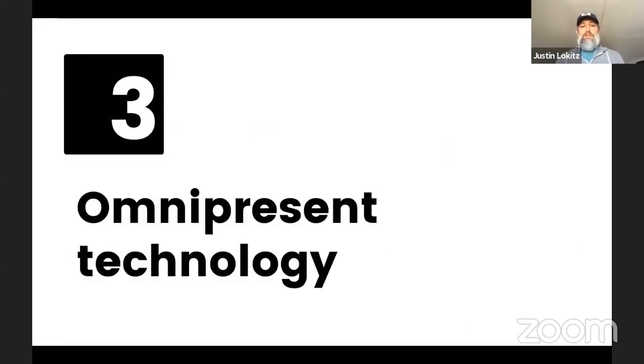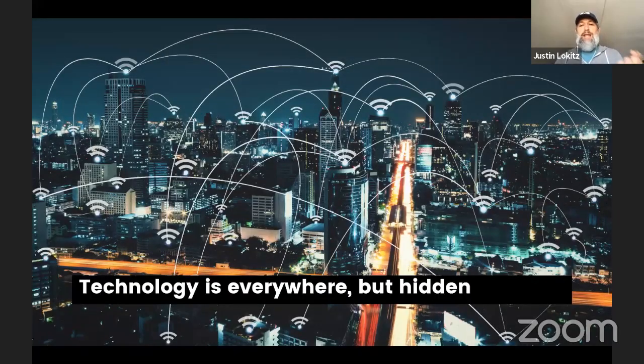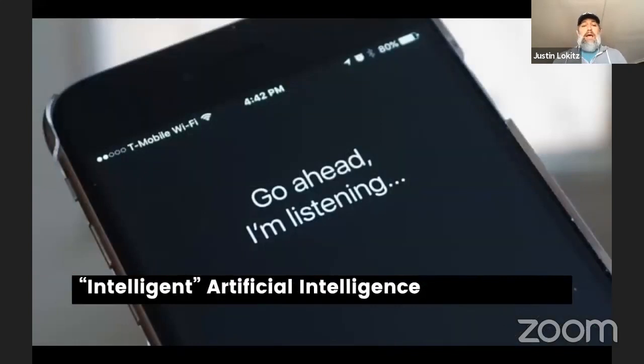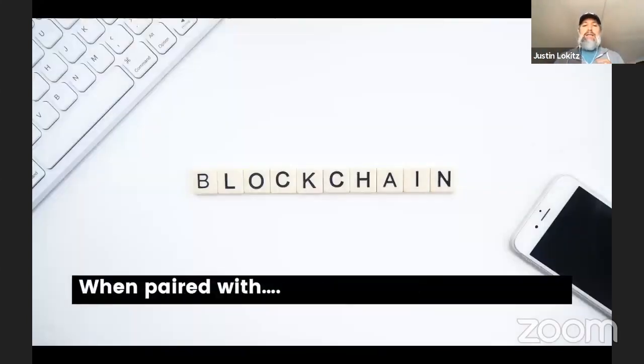We also see that there's omnipresent technology everywhere that's enabling this stuff. In many cases, it's hidden. And so while we've talked about artificial intelligence for a long time, whether you know it or not, this is now just embedded in everything we do. It's not about the technology, it's about the business models and embedding this as a resource, enabling some of these things to happen behind the scenes.